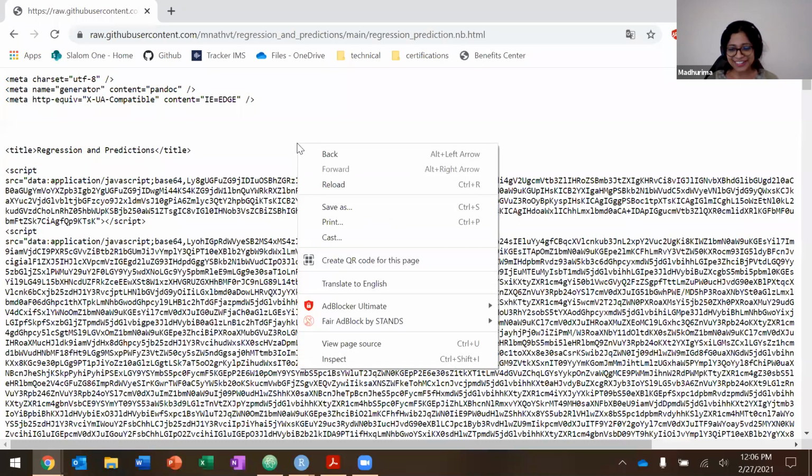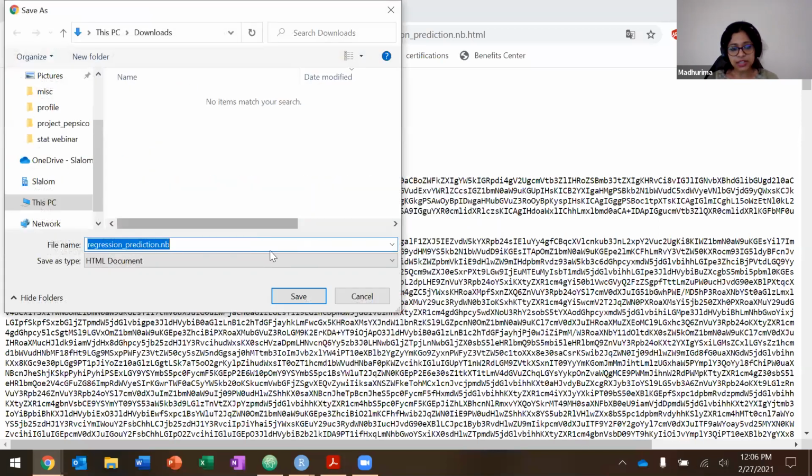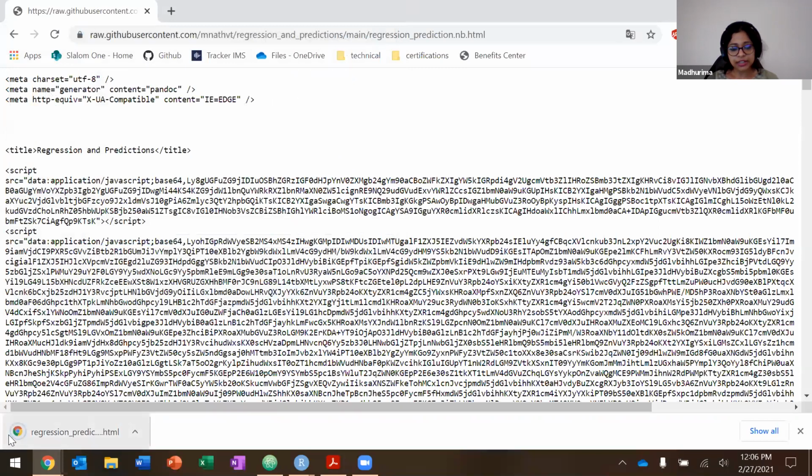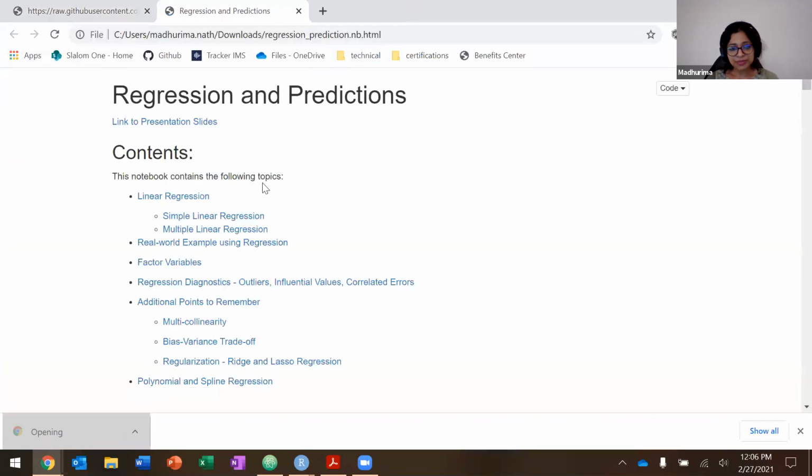It's just because the file is a little big. So just right click on your browser and hit save as, and save the HTML document. Once you have done that, if you open the file, you should see a nicer and cleaner HTML document. I'll pause here so that everyone has time to do this. Please give a thumbs up in the chat or thumbs down if you're still having trouble, and I can go over it again.